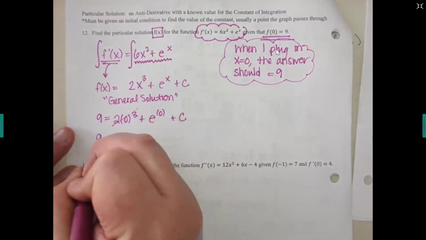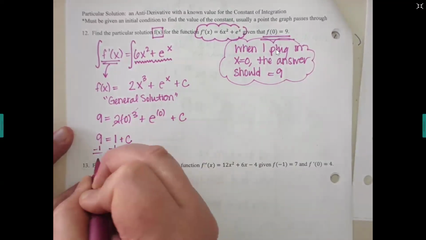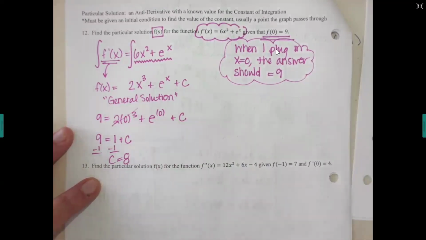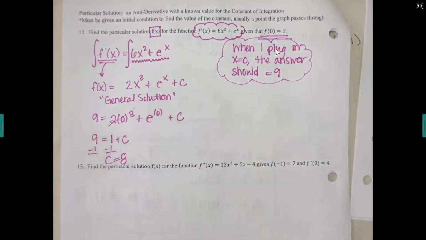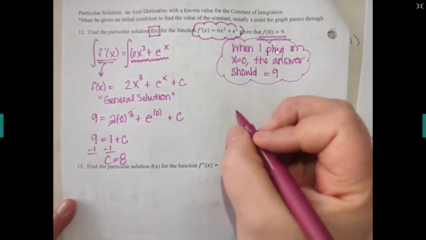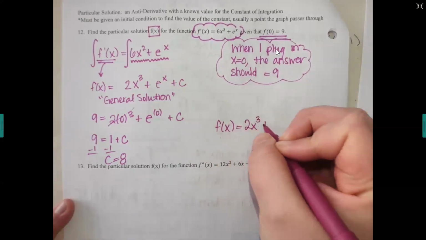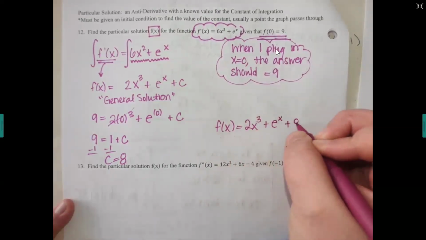Then I can minus that 1 across, and now I know that my c needs to be 8. So knowing now that our c is an 8, we can adjust our equation so that instead of a plus c, now it'll be a plus 8. So it'll be f of x equals 2x cubed plus e to the x plus 8.